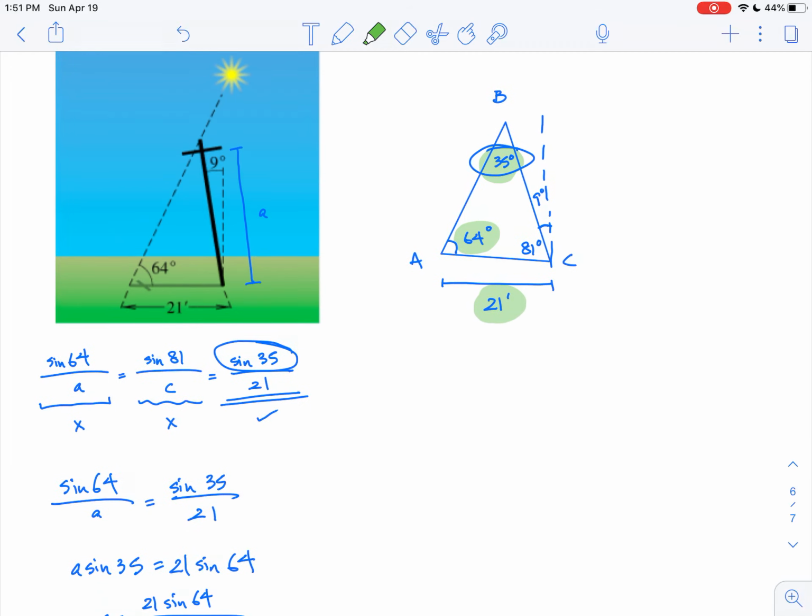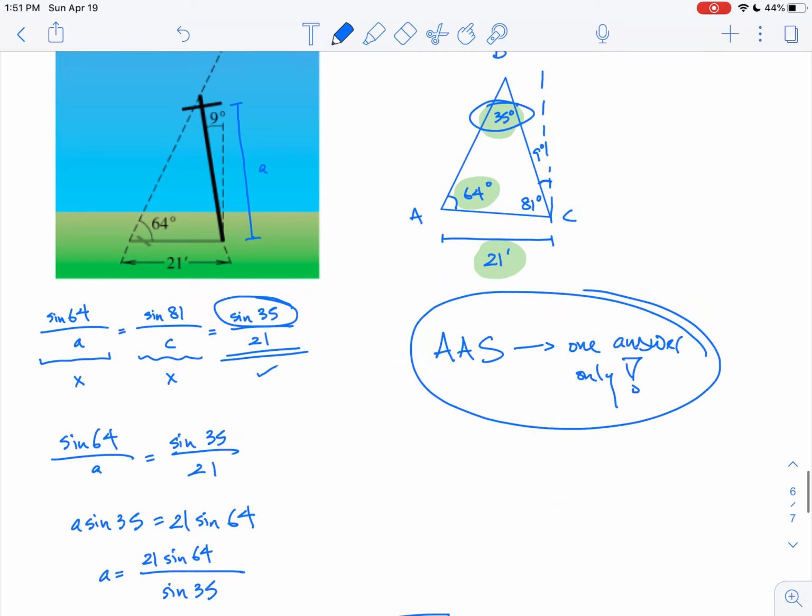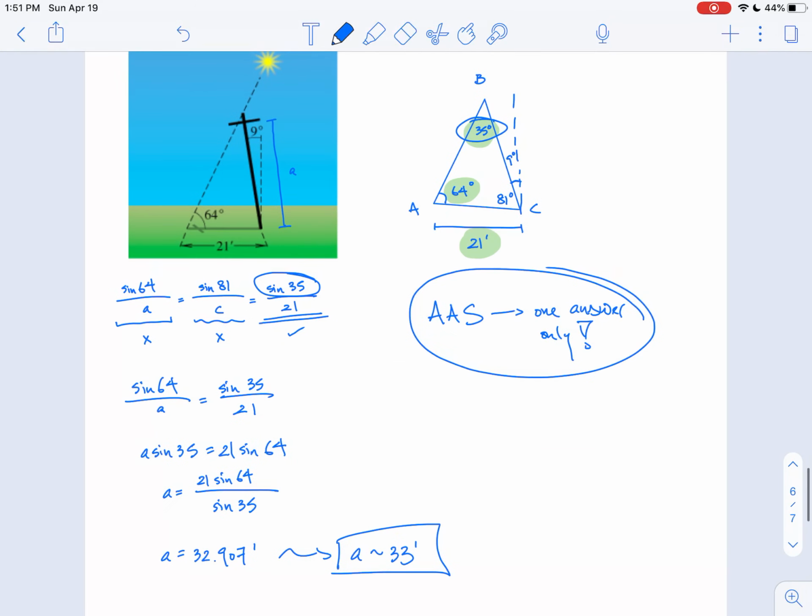So this is not a side angle case, but it is an angle angle side, and that will always only give you one answer. So you don't need to worry about the ambiguous case if you choose one that will give you only one answer.